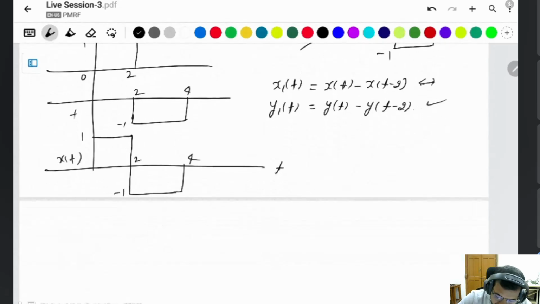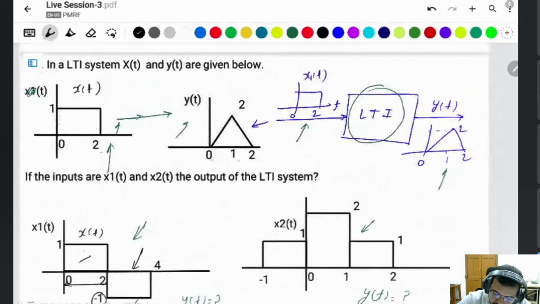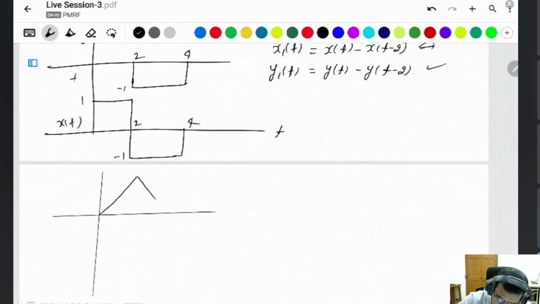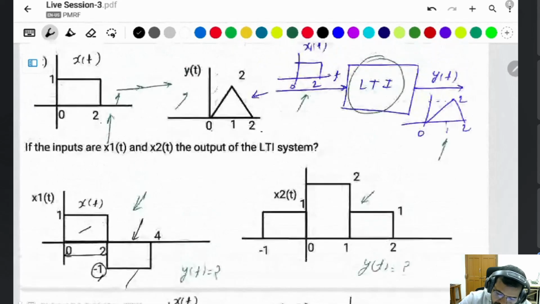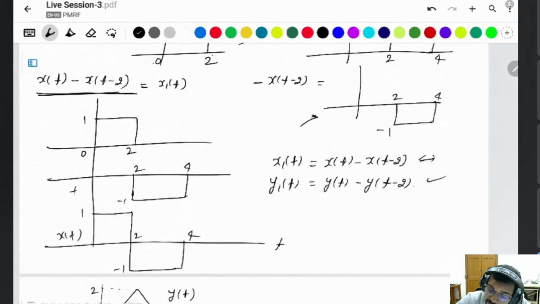Okay. Then what is y(t)? y(t) is given as 0 to 2, a triangular wave, 0, 1, 2, and the height is also 2. The second one is minus y(t minus 2).